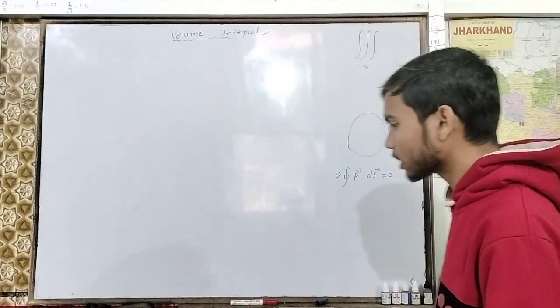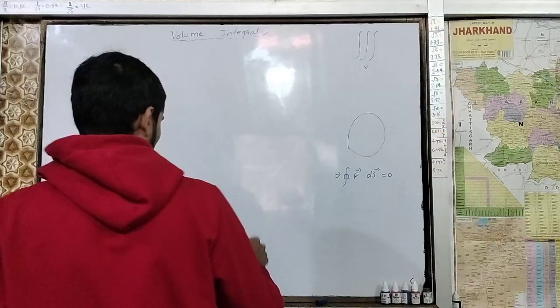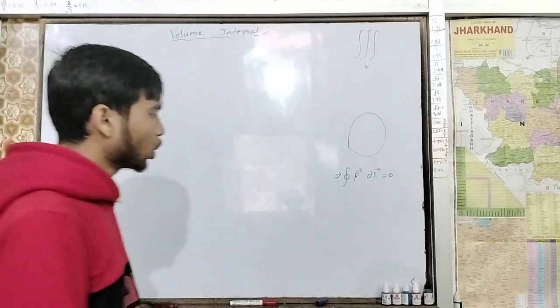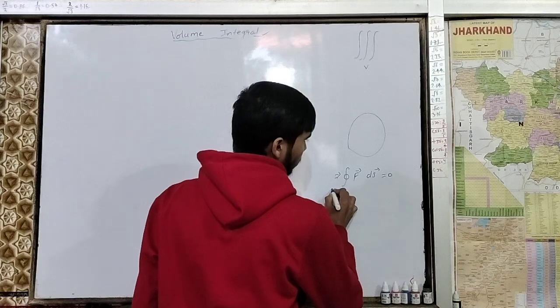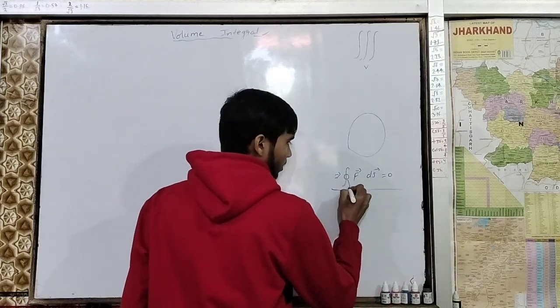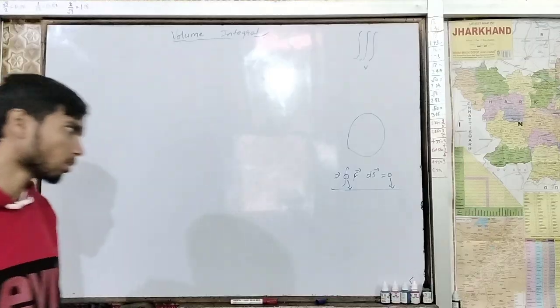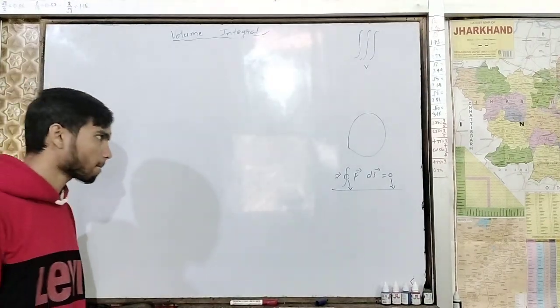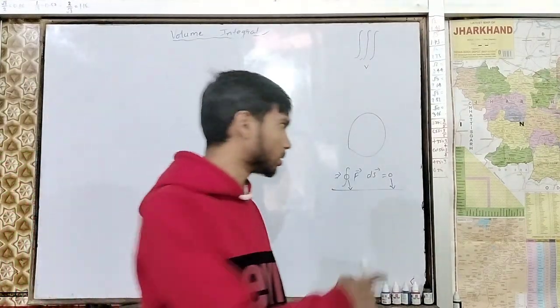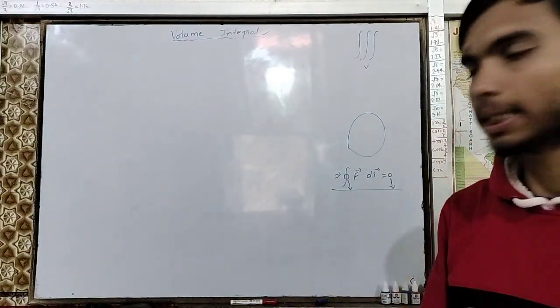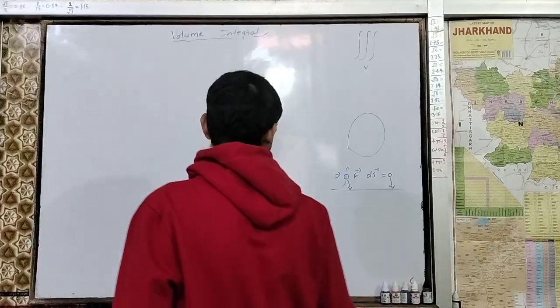The final and last endpoints are at the same location. So I am emphasizing this symbol and this 0. Clear? A circle on the integration symbol is about a closed integral, a closed curve. Okay.